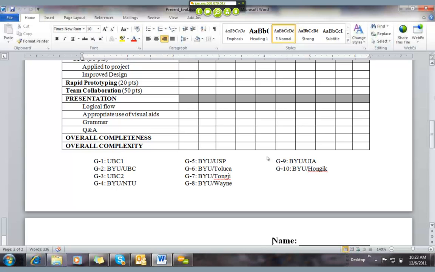So right now, am I missing any teams, first off? What team am I missing? An all BYU team? Okay, so that gets added over here. I was thinking I missed one, but UBC needs to go first because their students have a final exam that they have to begin taking at 4 o'clock Utah time.